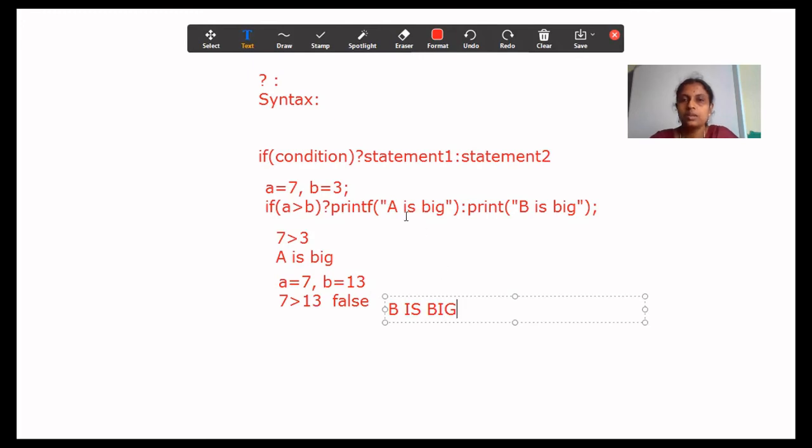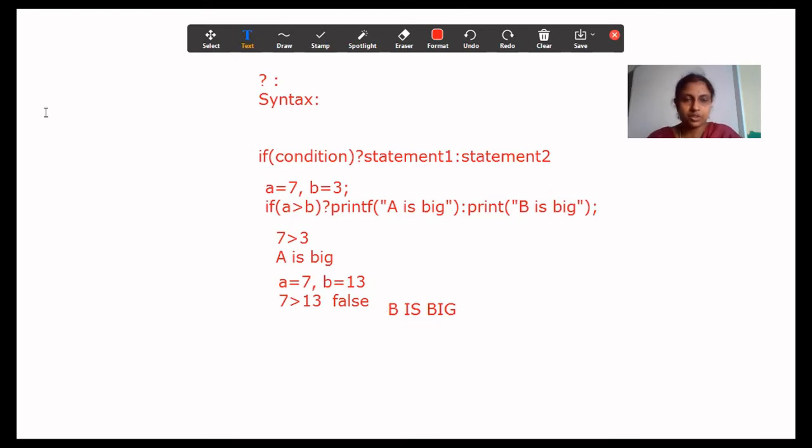Okay, so take down the explanation. If the condition is true, statement 1 will be executed. If the condition is false, statement 2 will be executed. This is how the conditional operator works. So what is the symbol for the conditional operator?